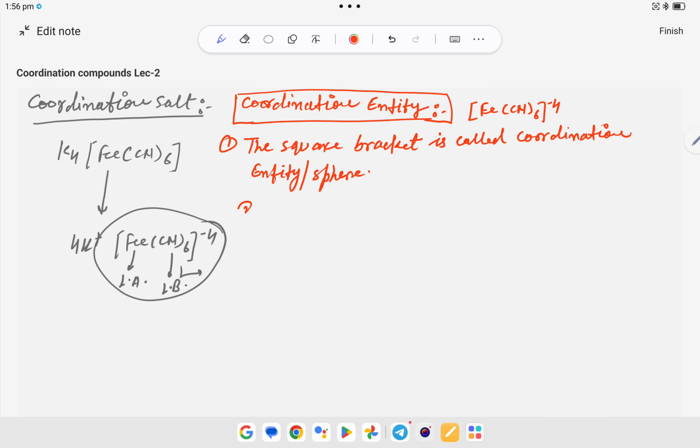Point number 2, here CN- is your Lewis base, and a Lewis base works as a ligand. Lewis base is called a ligand in the case of coordination compounds. CN- ion, what will it do? Donate electron.